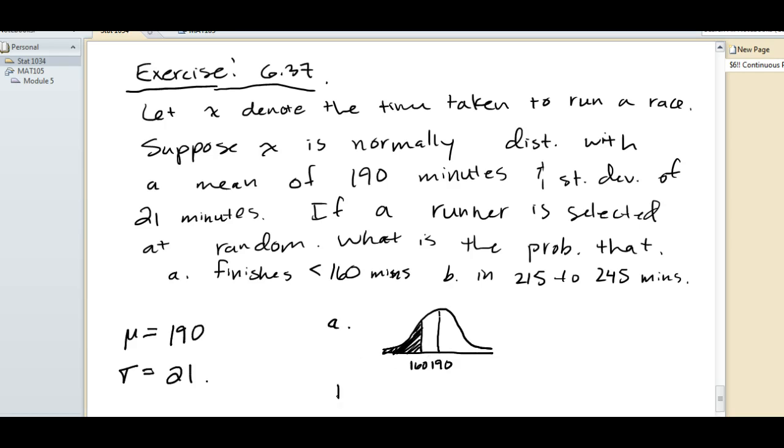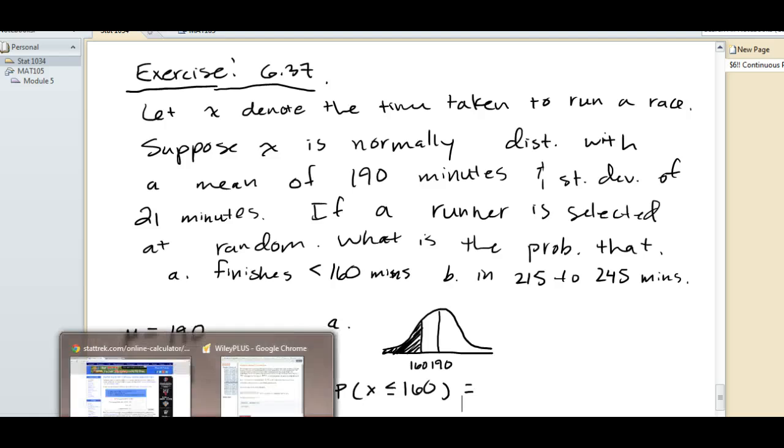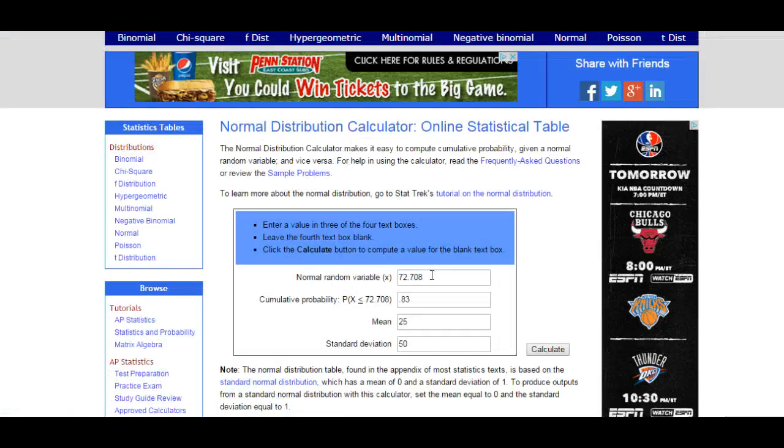Well, this is pretty easy, so the probability that x is less than or equal to 160 minutes, we just go back to our trusty calculator, and we have the normal random variable. We know that the mean was 190 minutes. We know the standard deviation was 21 minutes, and we want to figure out the probability that x was less than 160.